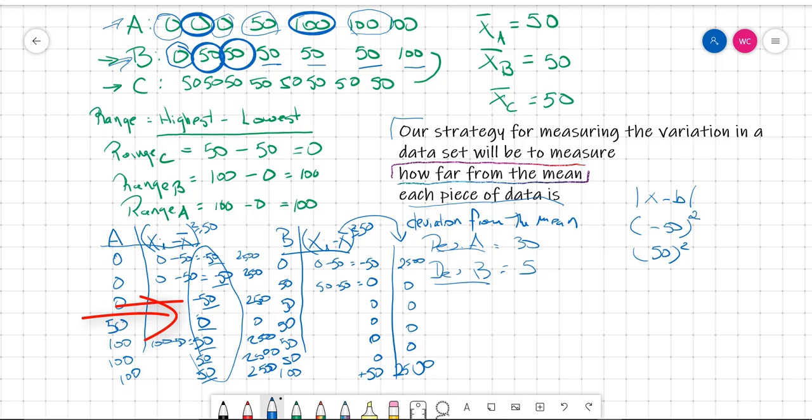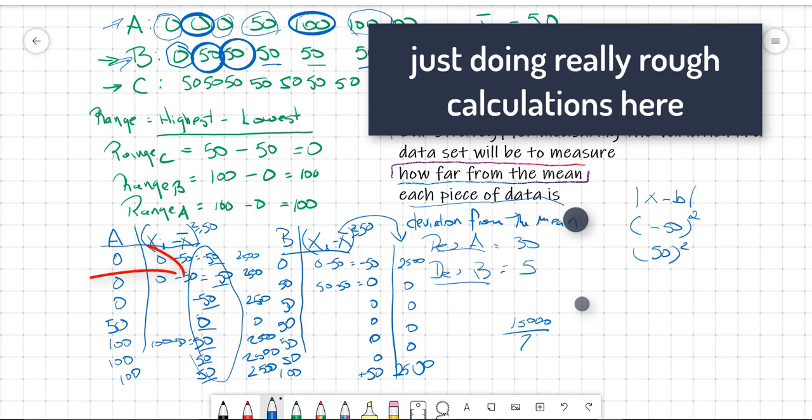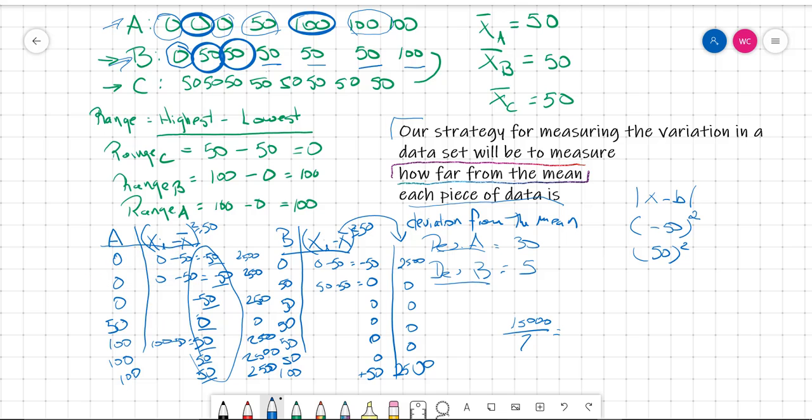But now when we take the mean of this, we're not going to get 0. Well, what are we going to get? This is 3 sets of 2,500, which is 7,500, and another 7,500. That's 15,000. And if you take the average, 15,000 divided by 7 pieces of data, the mean is about 2,150.